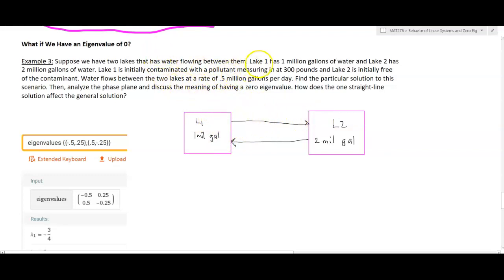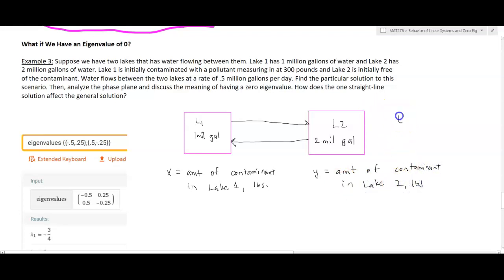Lake 1 is initially contaminated with a pollutant measuring in at 300 pounds, and Lake 2 is initially free of the contaminant. So we'll define X to be the amount of contaminant in Lake 1, measured in pounds, and Y will be the amount of contaminant in Lake 2, also measured in pounds.